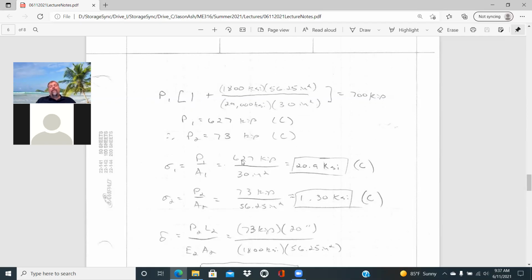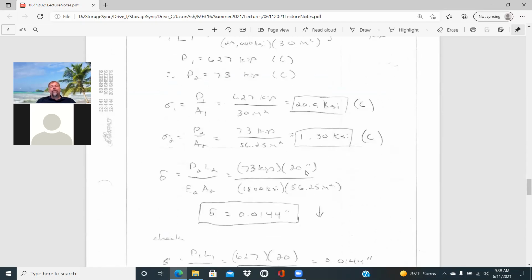So we'd have half of the load being carried by each member, and then just the area of each member, so 15 inches squared. You would end up with the same stress coming out, 20.9 KSI, if you had drawn the free body diagram in that manner. We'll discuss that as we get further down.